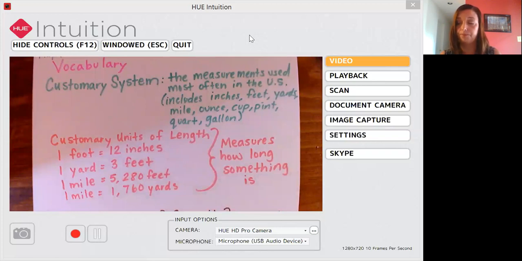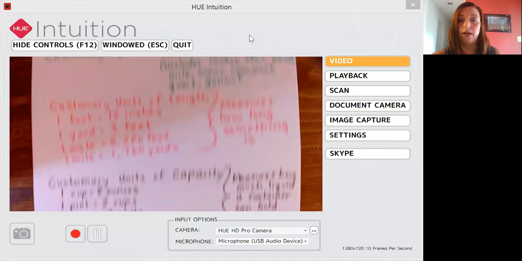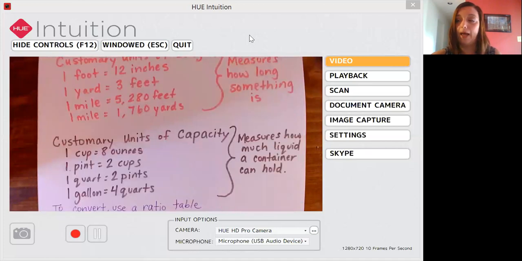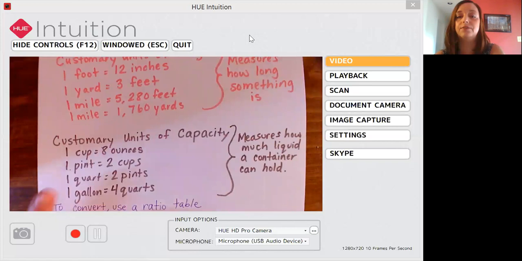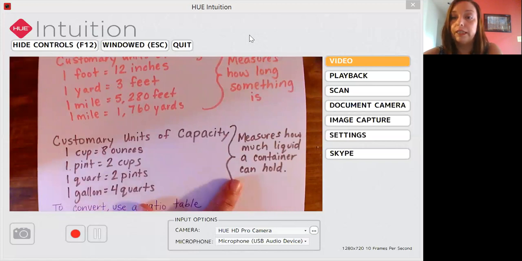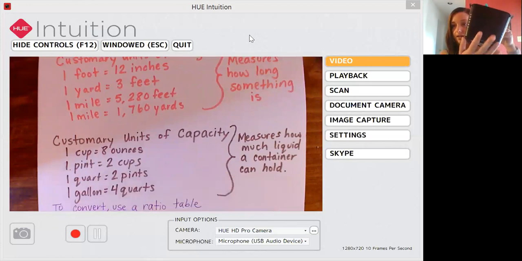We've also learned about the customary units of capacity. Capacity means the measurement of how much liquid a container can hold. It's talking about the inside of a container, how much can it hold?